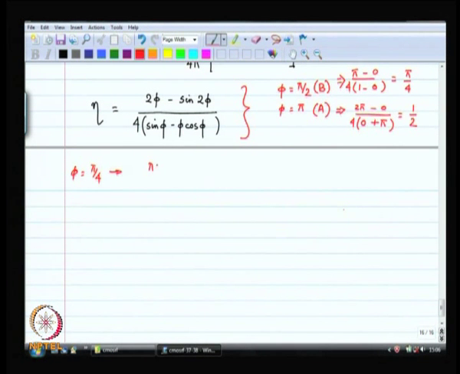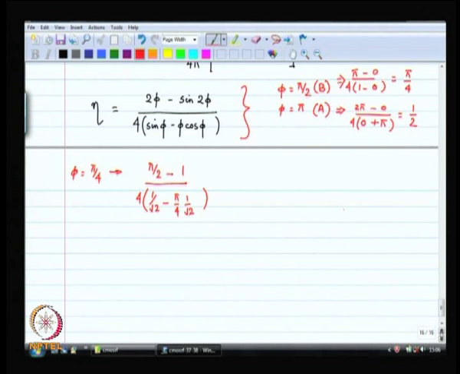will give you pi by 2 minus sine of 2 phi, 2 phi is pi by 2. So, sine of 2 phi is 1, divided by 4 times sine of phi, sine of pi by 4 is 1 by root 2, minus phi times cos of phi, phi is pi by 4, and cos of phi is again 1 by root 2.